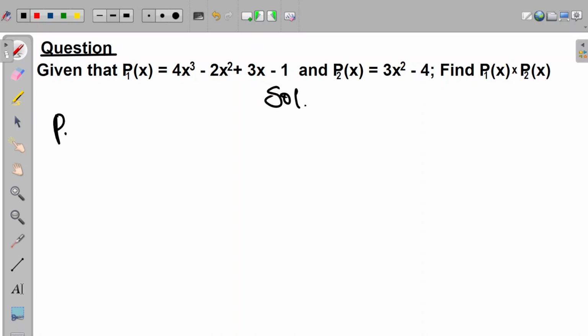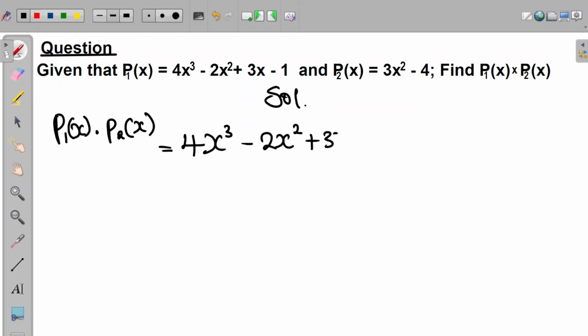We have P1 of x multiplied by P2 of x. So this will be equal to (4x³ − 2x² + 3x − 1), all enclosed in a bracket, multiplied by (3x² − 4), also enclosed in a bracket.